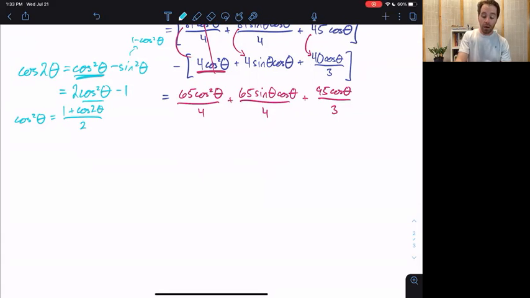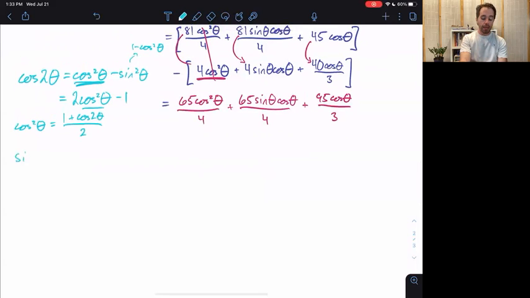All right. Now, what about this sine theta cosine theta business? Don't start thinking u substitution, because it's just not necessary here. But you should be able to apply a trig identity to do this. It's pretty easy. Remember, sine of 2 theta. When you want to simplify powers of trig functions, you usually use the double angle for cosine.